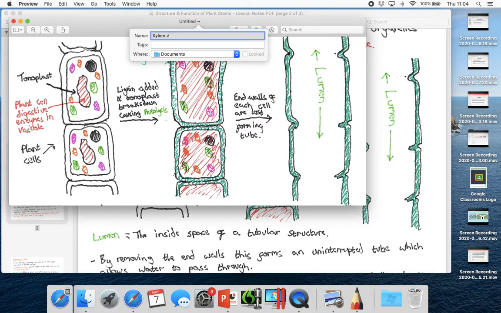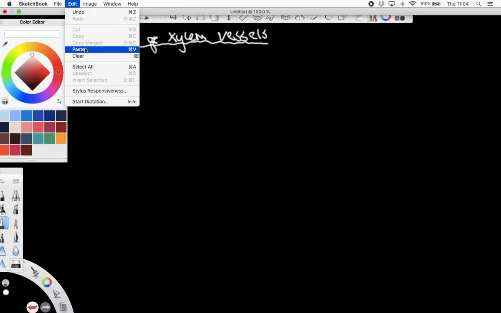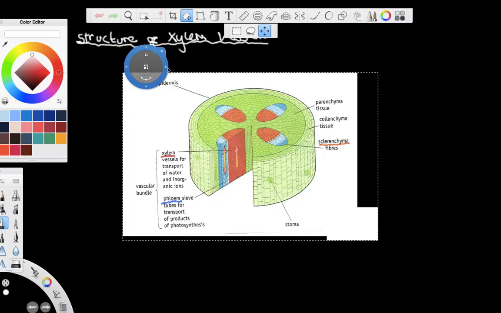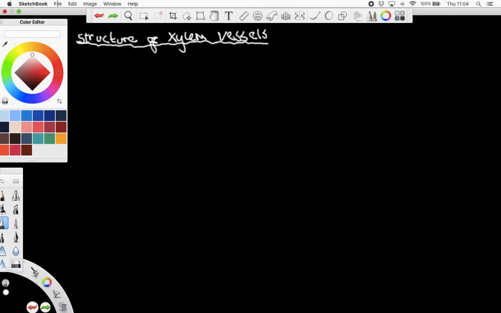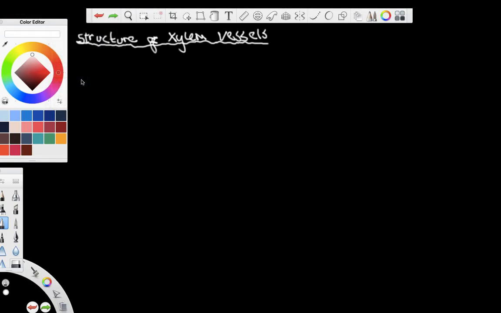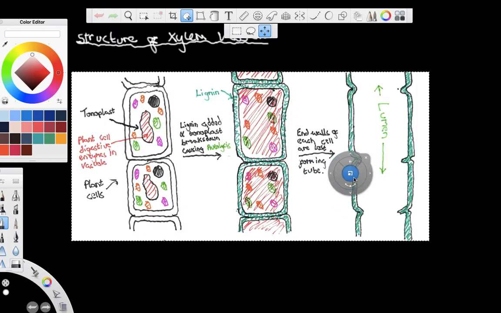I keep calling it fibres. Okay, and we can then insert that onto here so that we can refer back to it. It'd help if I use the correct image. Such a numpty today. Add image. Documents, xylem vessels. This is what we want.